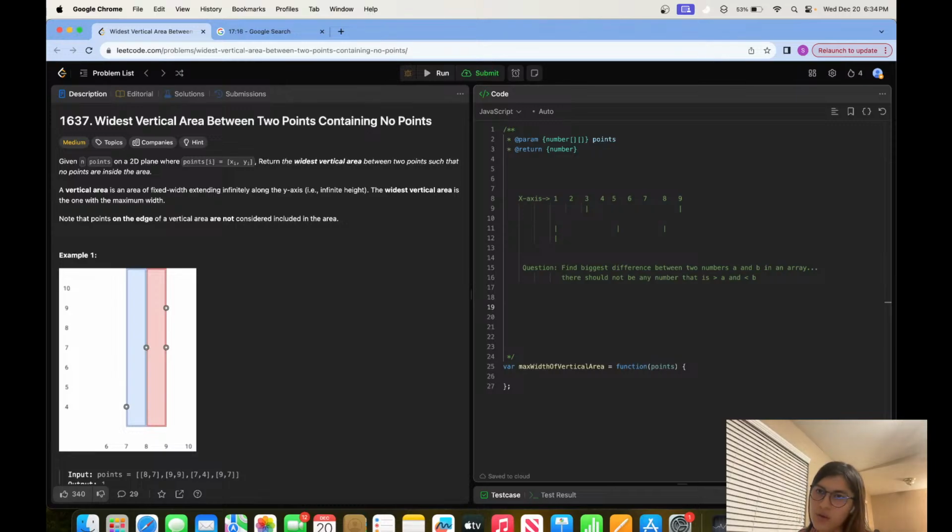I think I should think of a brute force solution in the beginning, because I always tend to think of the optimal solution first, and that is hard. So I'll think of a suboptimal and brute force solution first, okay?